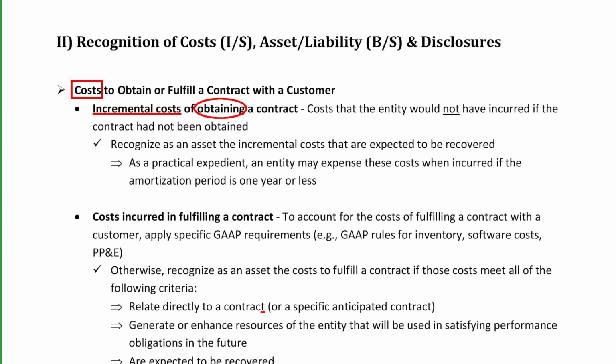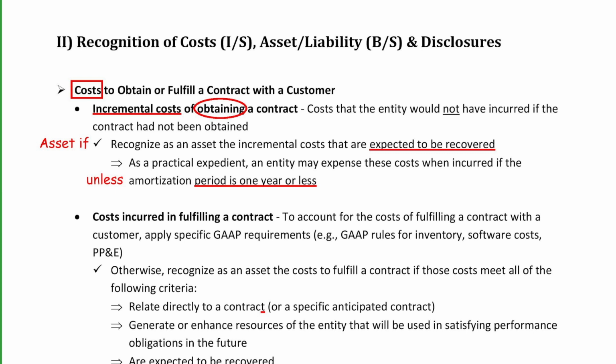These incremental costs are accounted for as an asset if they are, underline, expected to be recovered, unless the recovery or amortization, underline, period is 1 year or less.